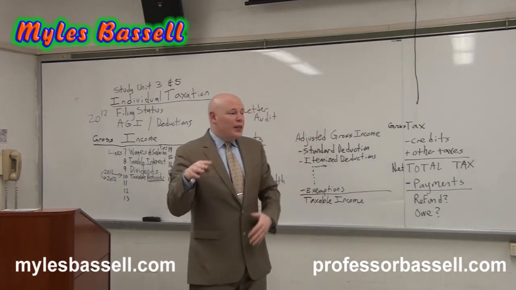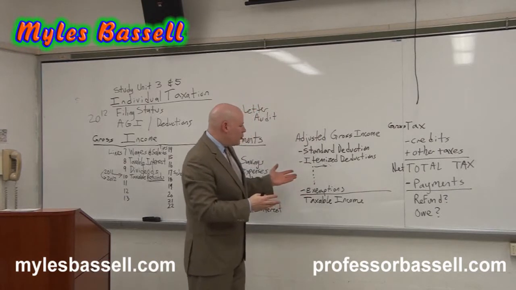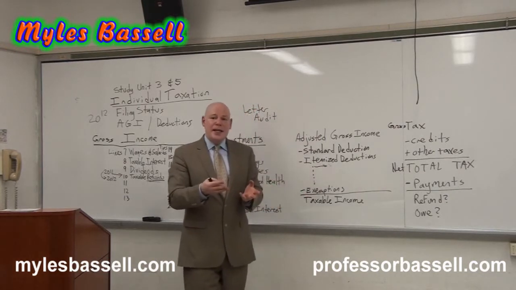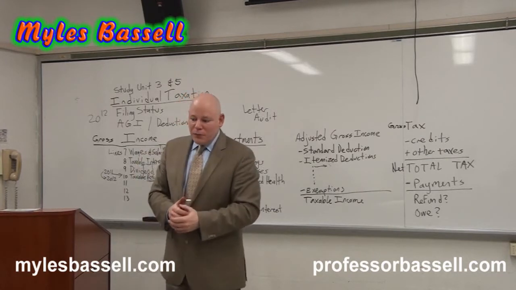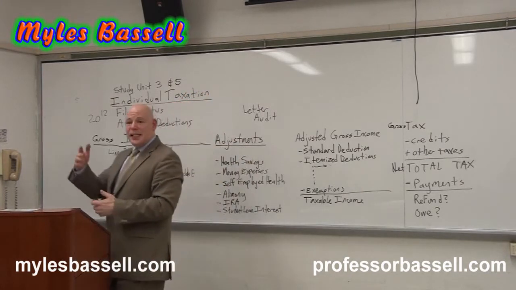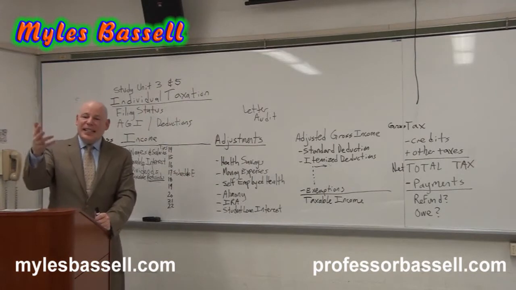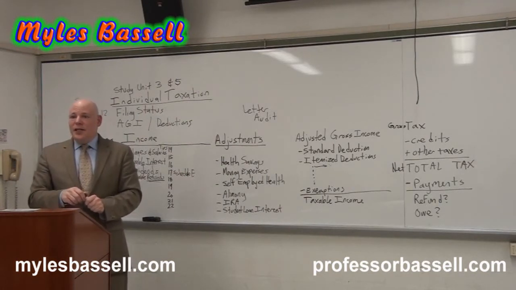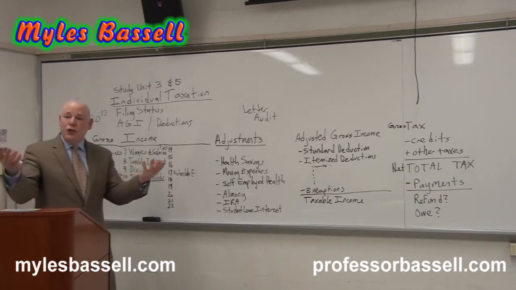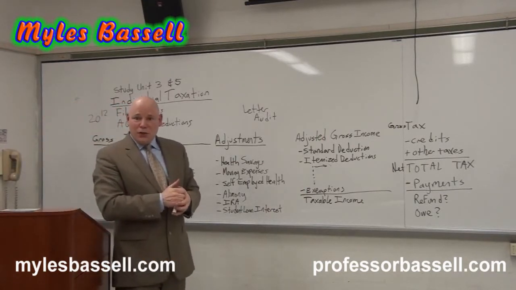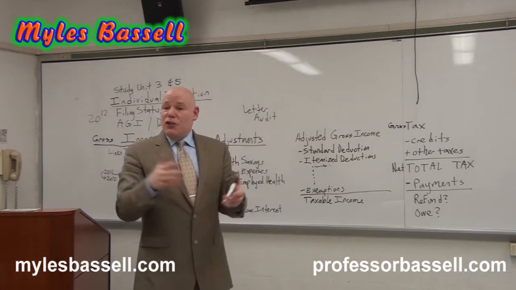However, if we itemize our deductions, one of the deductions that we could take is for taxes that we paid. And in many cases, state and local tax is a significant expense to us as taxpayers, especially in New York.